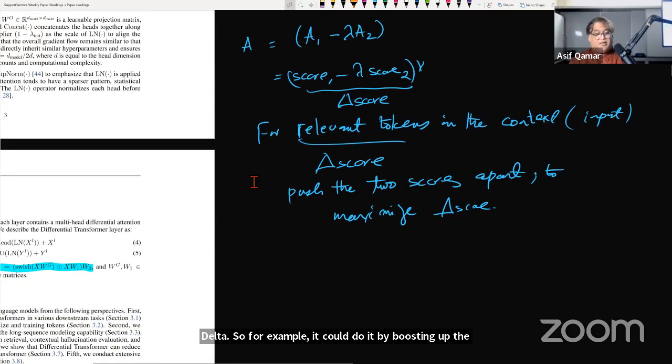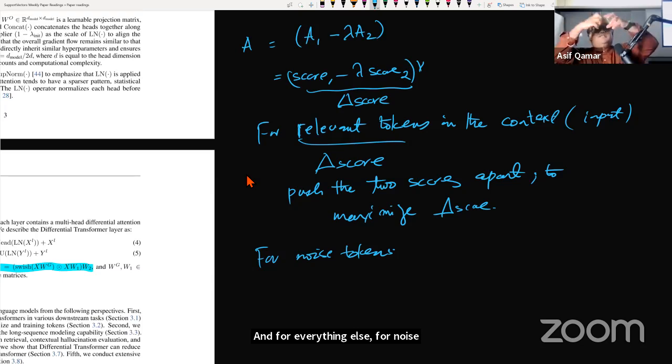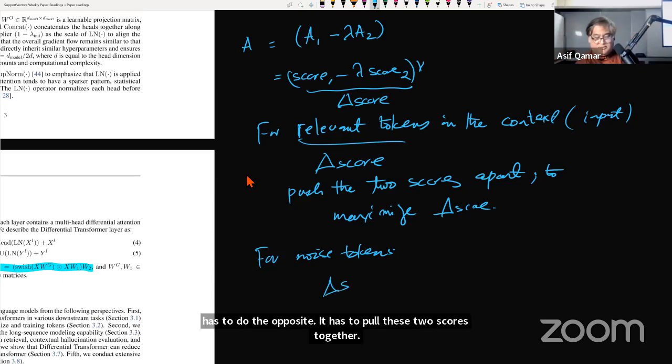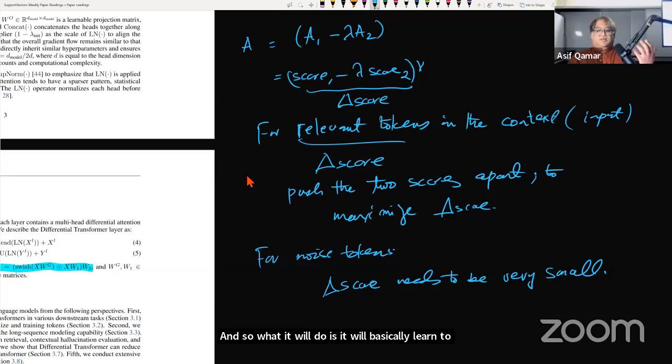And for everything else, for noise tokens, it has to do the opposite. It has to pull these two scores together. So delta score needs to be very small, ideally 0. And so it will basically learn to know that these tokens don't matter. So it will learn to suppress the delta between these two.